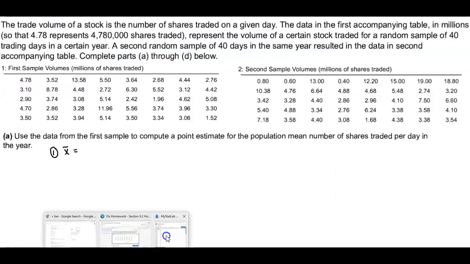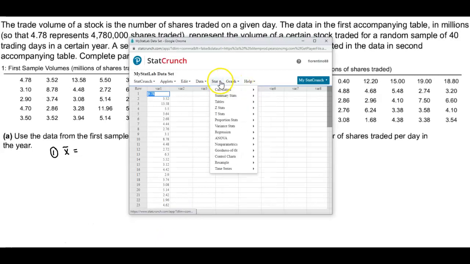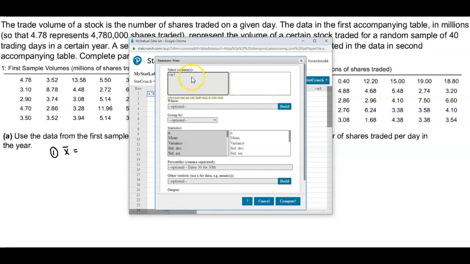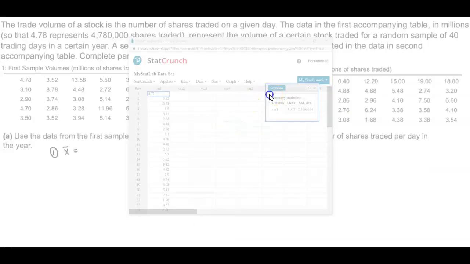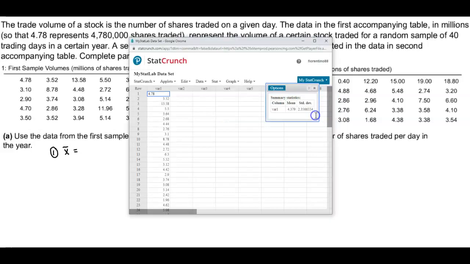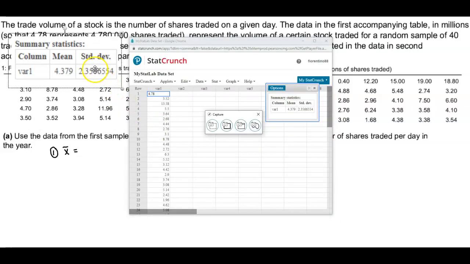Okay, so now that we've opened it up in StatCrunch, we want to find the mean of this information. So we're going to take the column, and in addition to finding a mean, let's find a standard deviation as well. So now we have the mean and the standard deviation.